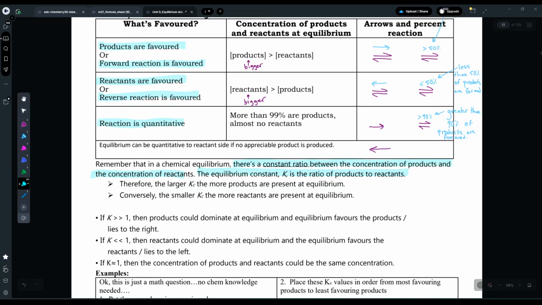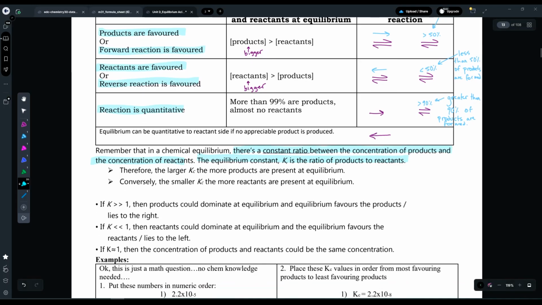You do need to understand what K represents, and keep in mind this comparison between the concentration of your products and the concentration of your reactants. All of these concentrations are taken from the equilibrium concentrations.